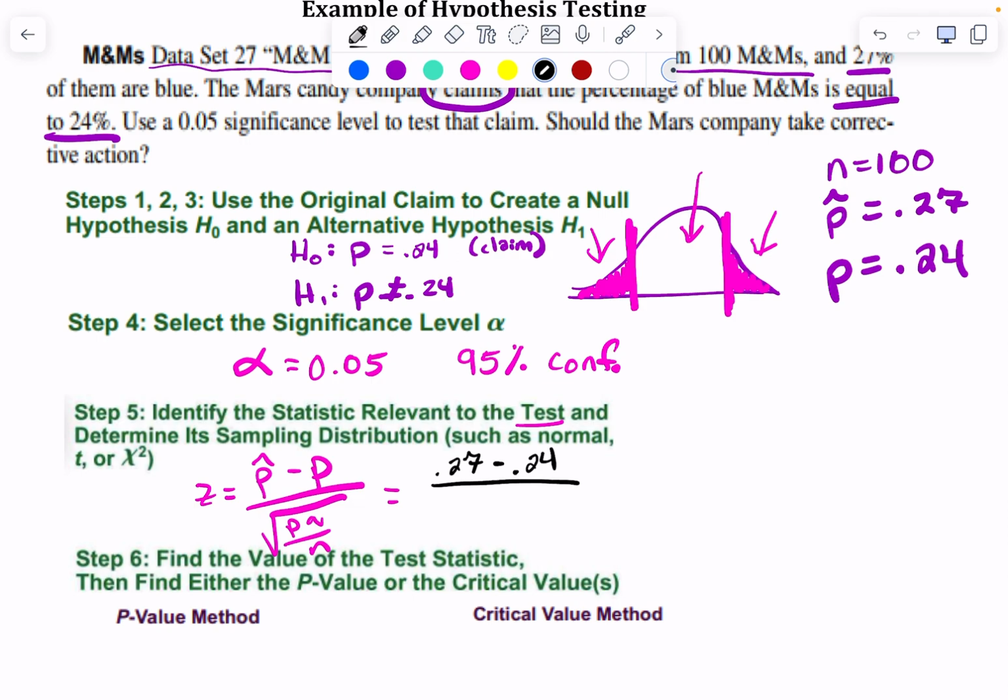Looking at those two numbers, I know my Z value will be positive. P is 0.24. What's Q? 0.76. And N is 100. Let's figure out what our Z value is.